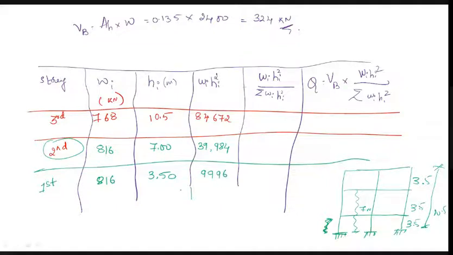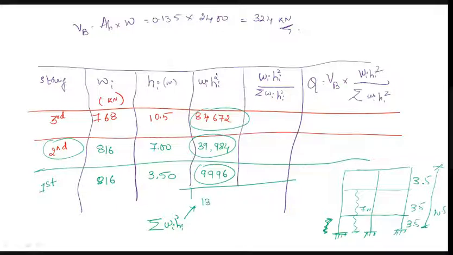Then we do the summation of these three values, that is the summation of Wi·hi square. How much do we get? It is 1,34,652.